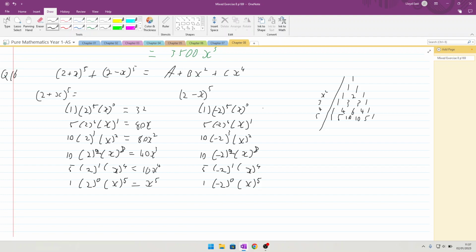Now when we come over here, we get very similar results, but of course, because it's a minus 2, we would get minus 2 to the power of 5 is minus 32. And then we would get a minus 2 minus 2, that's a positive, so that's an 80x.